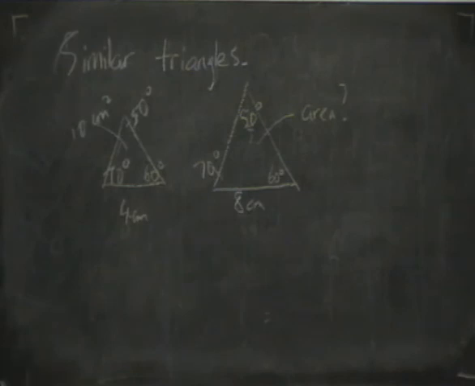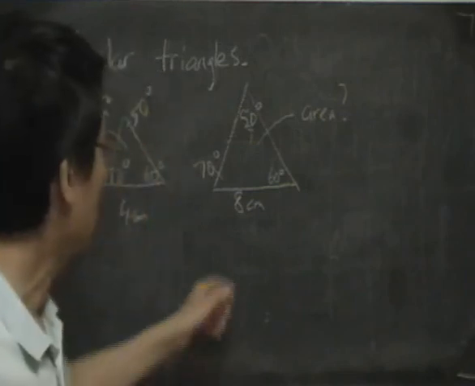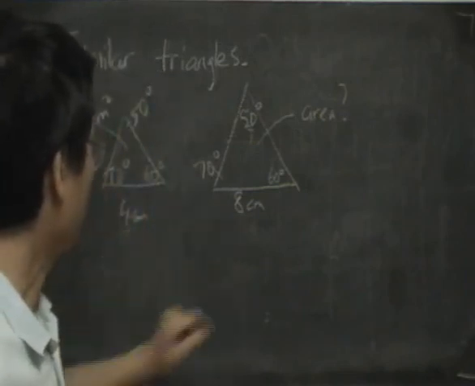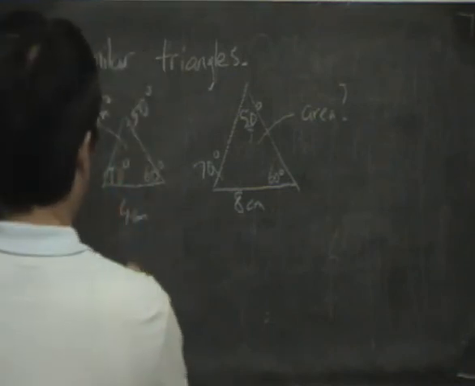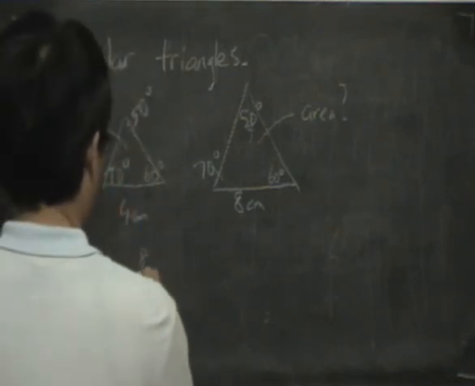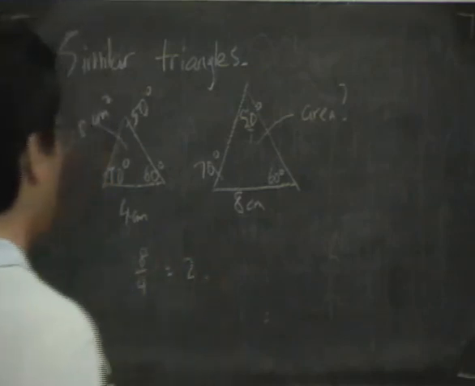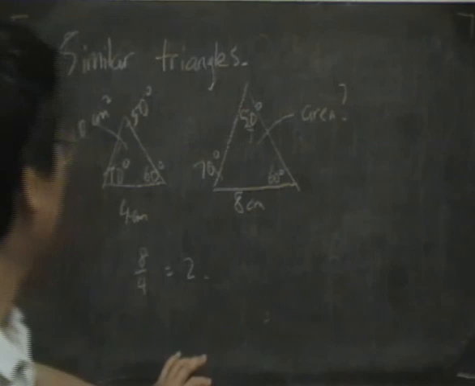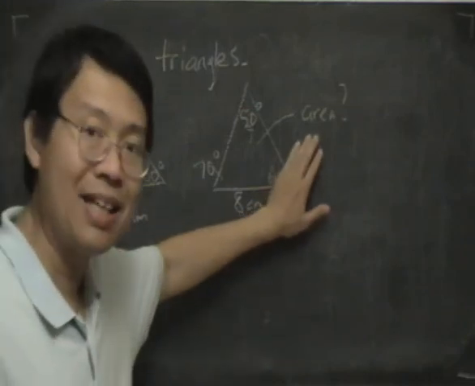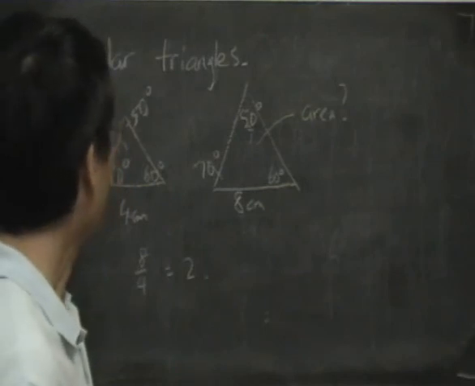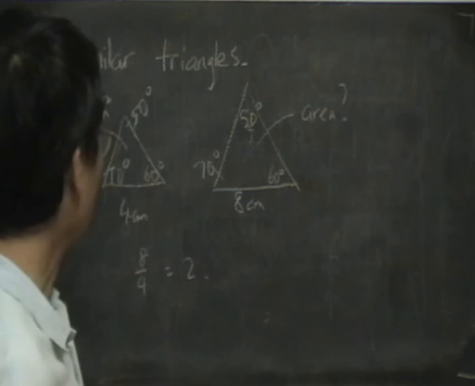If you look at the corresponding sides, you see that the ratio is 2:1. 8:4 is equal to 2:1. Let me just write that. 8/4 is equal to 2. That's the ratio. So the question is, what is that area? Now I know that this area is 10 centimeters squared.